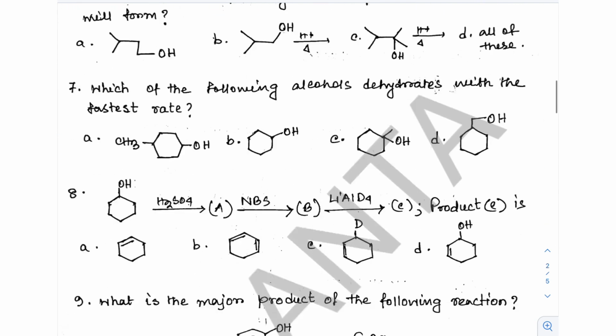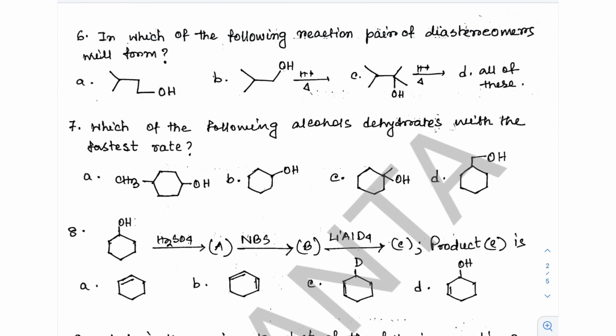Next, question 6. In which of the following reactions will a pair of diastereomers be formed? So again, we have to find out the product.